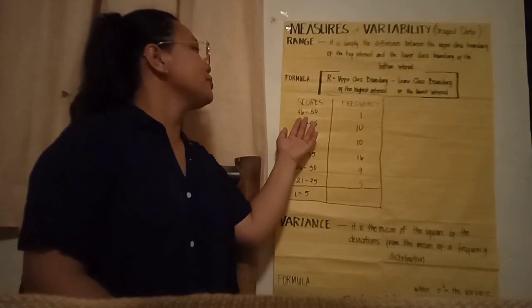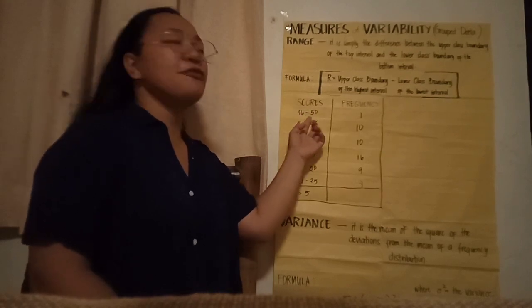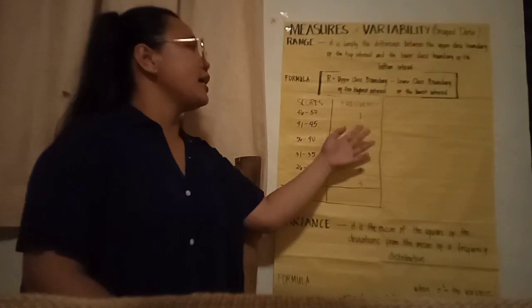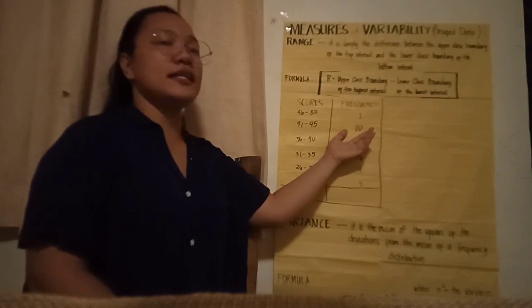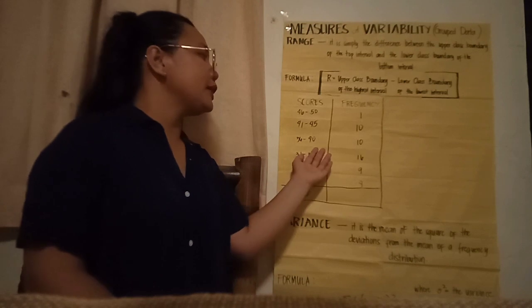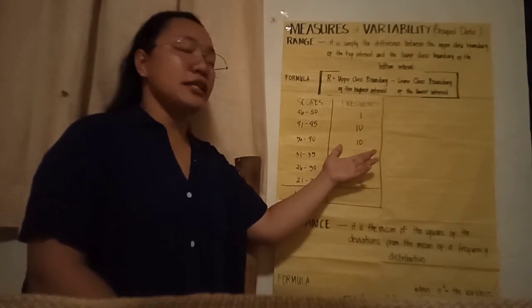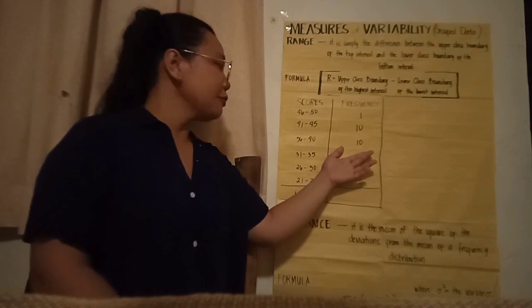So the scores range between 46 to 50, 41 to 45, which has 10 students that attained the score, 36 to 40, and there are also 10 students who attained the score of 36 to 40.